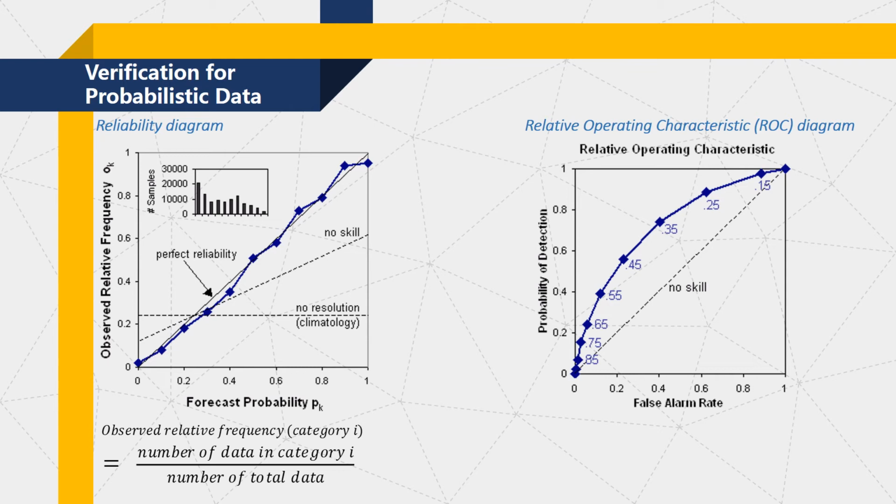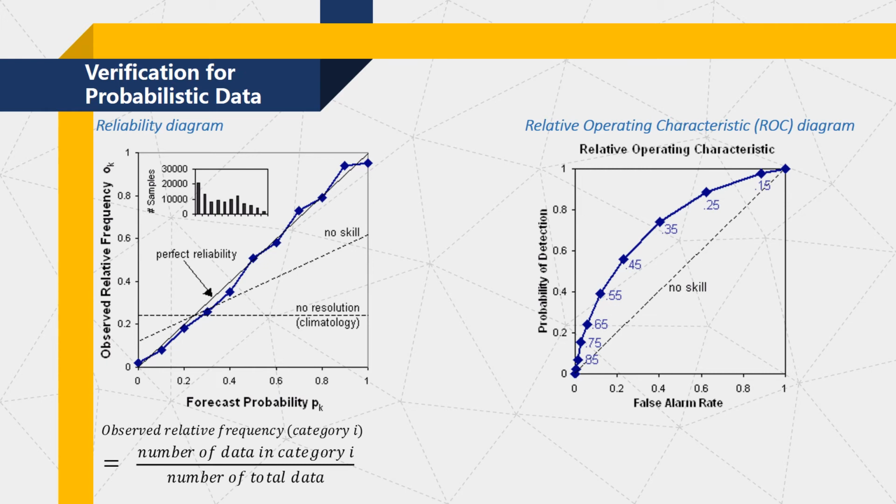The histogram of each bin is also included in the sample histogram, and the perfect reliability, no skill, and no resolution lines are also plotted on the diagram.